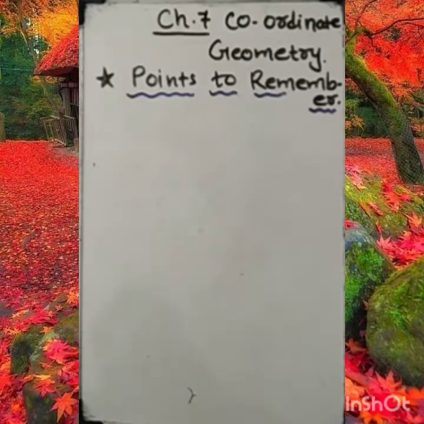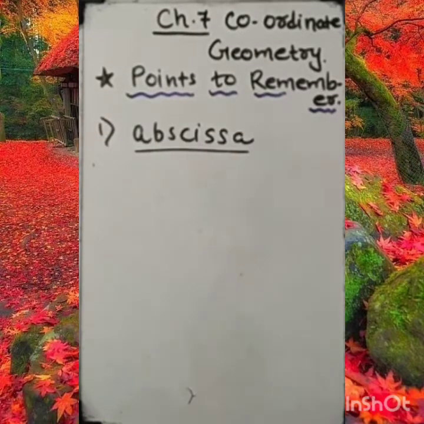I am starting here. Please note down the first point. The abscissa of a point is a perpendicular distance from the y-axis. Dear student, this is very easy.